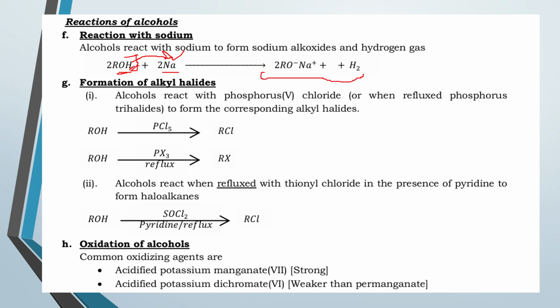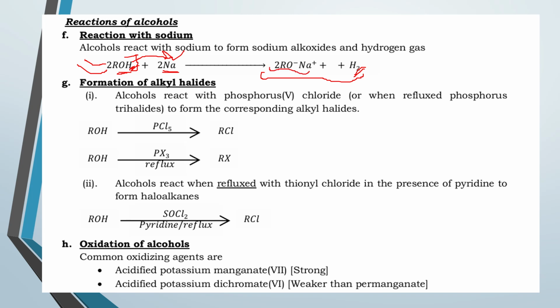So both alcohols and carboxylic acids, which have this hydroxyl group, react with sodium metal to give us effervescence of hydrogen gas. And then sodium replaces the hydrogen atom to give us sodium ethoxide.